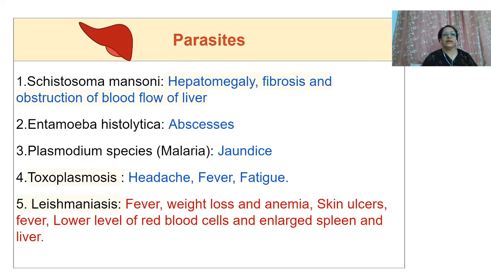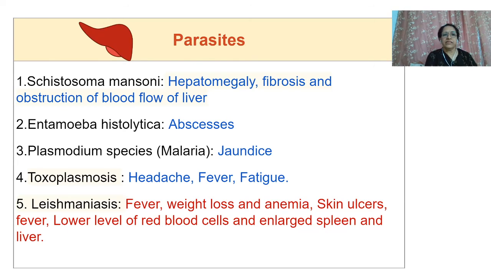So in this way, in liver diseases, we first saw which bacteria cause infection of the liver. Then during various infections of viruses, how the liver is involved, and various parasites, that is protozoa like Schistosoma, Entamoeba, Plasmodium, Toxoplasma, Leishmania, how they infect the liver and what kind of symptoms appear.